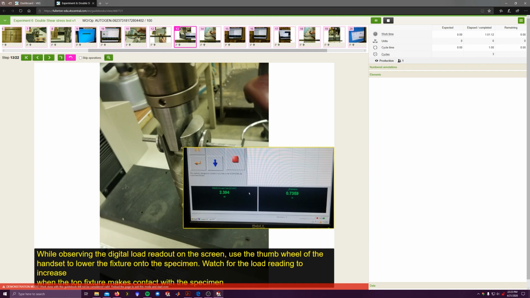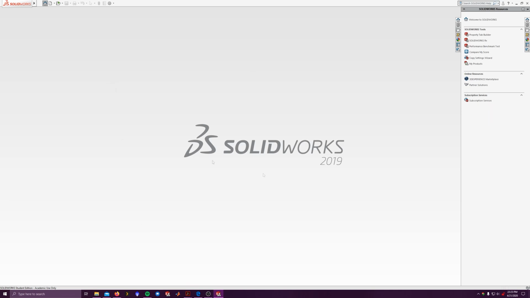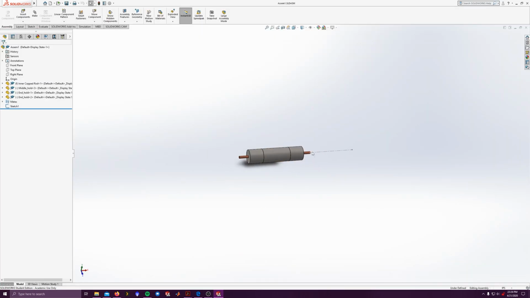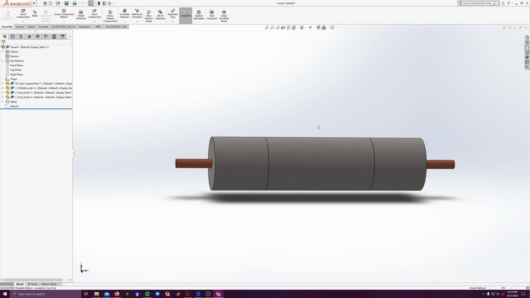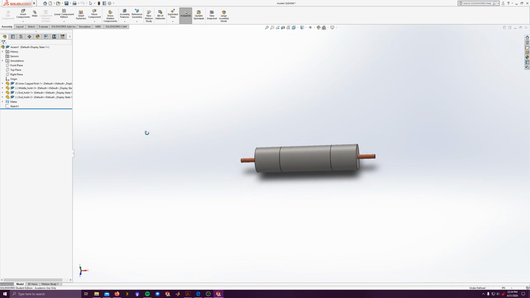But to show you this bearing stress, let's pull this up here. Okay, so I have my assembly here for our test setup. It doesn't really look exactly like this, but it's good enough to give you an idea of what is going on in the experiment. So here I have my two end pieces, and then here is the center piece.